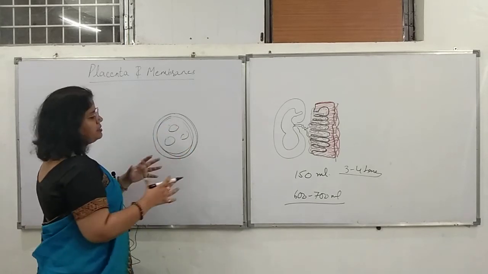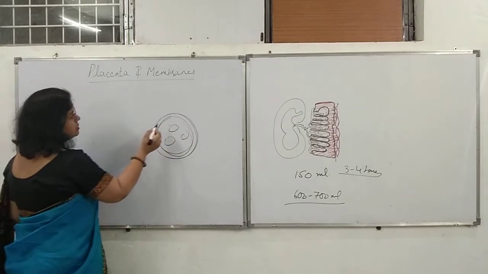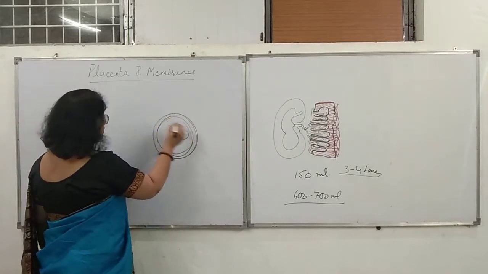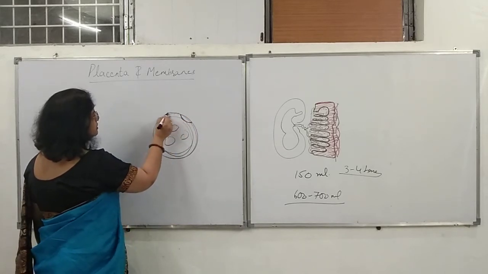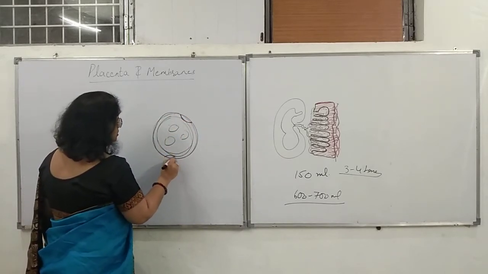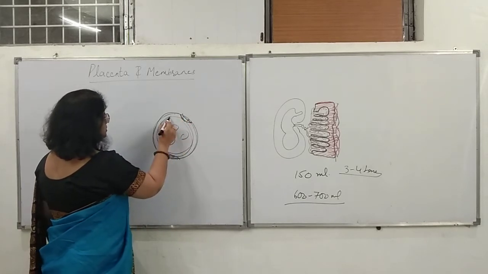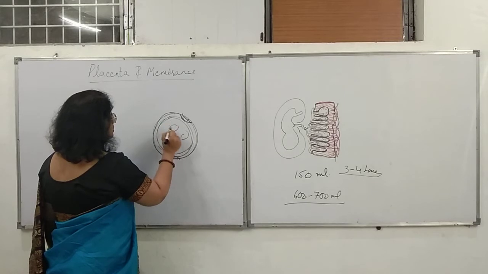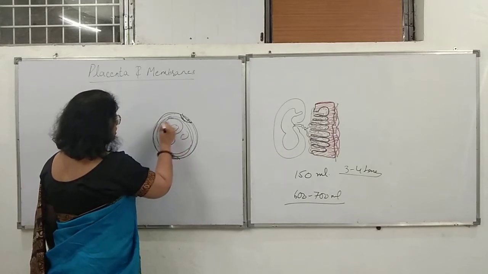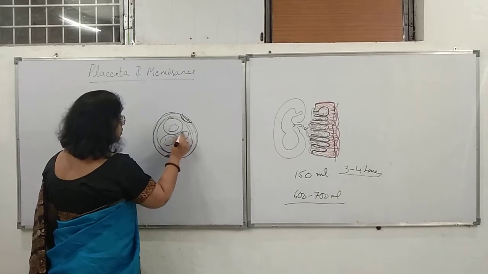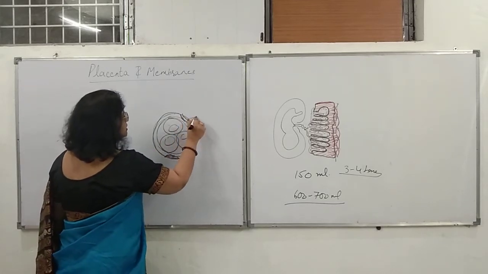As the pregnancy advances, the syncytial trophoblast is thickened at some places and disappears at others. It also becomes thinner, and the stroma also becomes thinner, and the vessels become more prominent for better exchange.